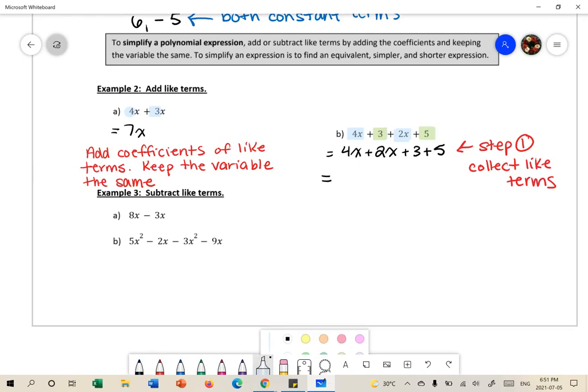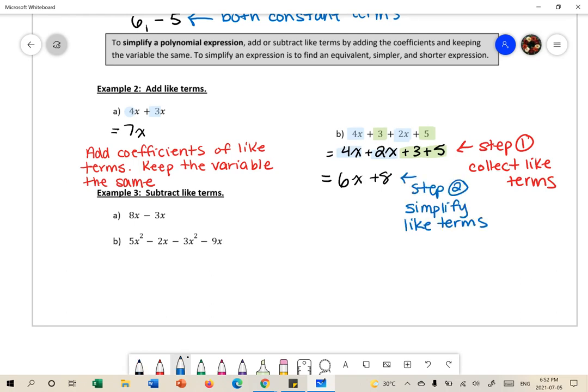So remember, 4x and 2x can be simplified together. So I'm going to keep the variable the same and add my coefficients together. And then I'm going to simplify my constants together. I can't simplify any further from this because 6x and 8 are not like terms. So I'm finished at this point.